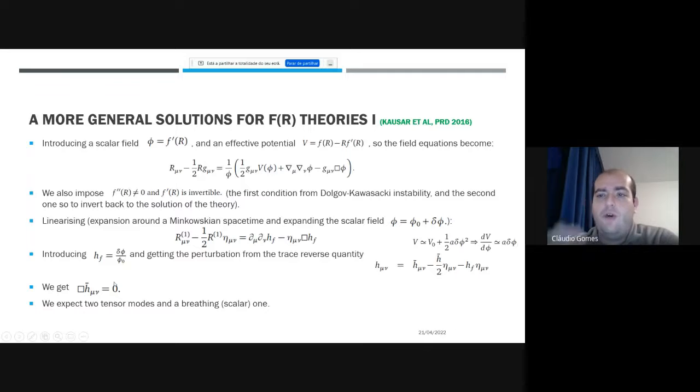Okay? So, as I told you, we can address the f(R) theories and the gravitational wave solutions in such theories in a more general way by introducing a scalar field. Let's do it. So the idea is to identify the derivative of f with respect to the scalar curvature with a scalar field, and to define an effective potential, so that the field equations can be cast in this form.